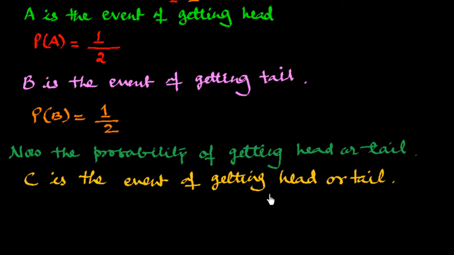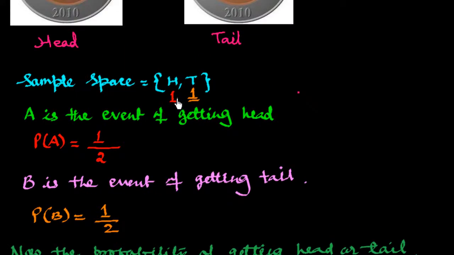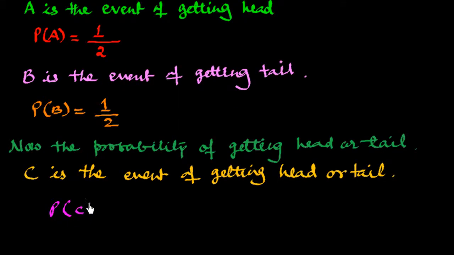Getting head or tail, either it may be head or it may be tail. So we have two favorable outcomes here, one head and one tail. Probability of C: the favorable outcomes are two, head and tail both, and the total outcomes are also two. So we get 2 over 2, which is equal to 1.